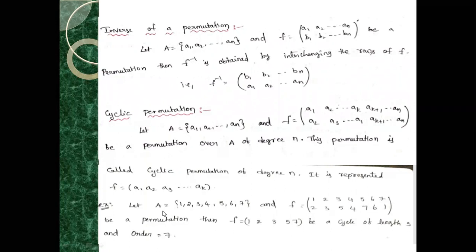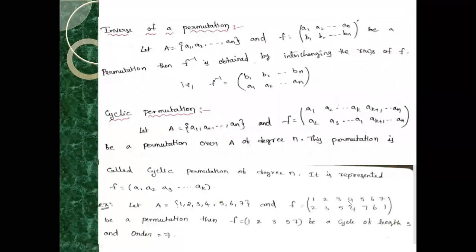Okay. So here A = {1, 2, 3, 4, 5, 6, 7}. This set contains 7 elements, and the permutation defined on the given set A is 1 to 2, 2 to 3, 3 to 5, 4 to 4, 5 to 7, 6 to 6, 7 mapped with 1.